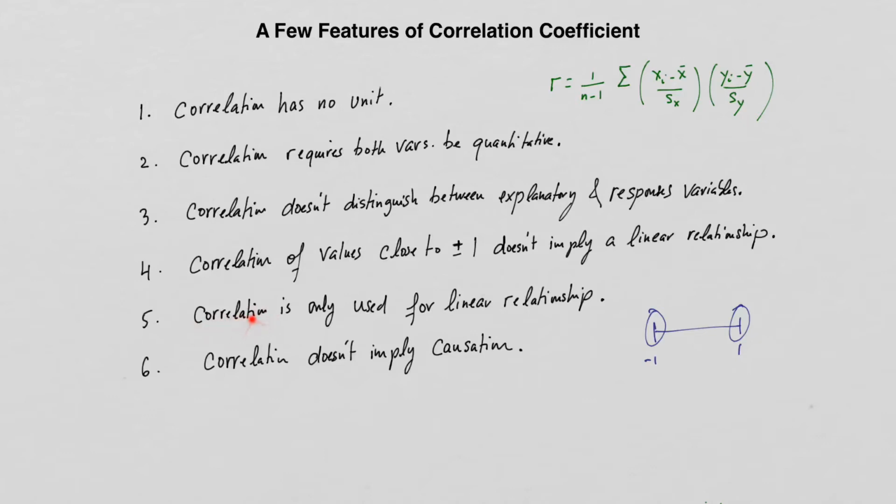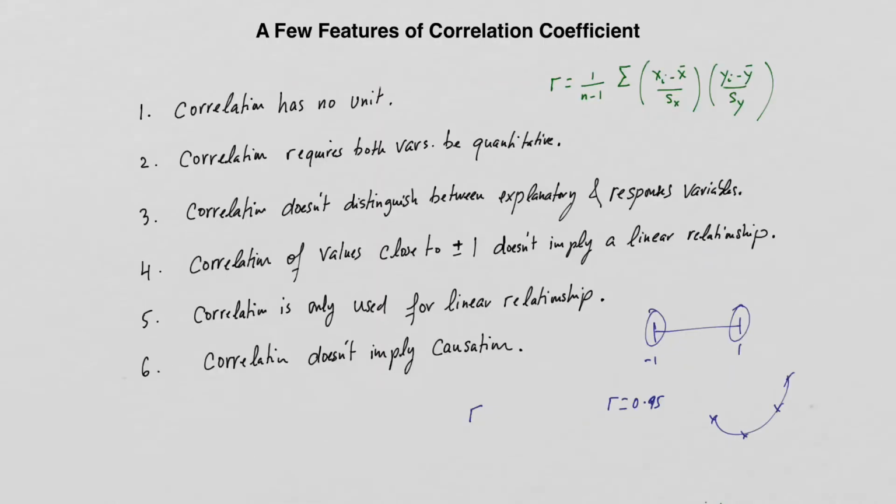All right. So this one is similar, but it's not quite the same. The correlation is only used for linear relationships. Think about that. Because you might say, well, you just told me a second ago it's possible for R to be this, and the relationship is not linear, which is true, and I did something like this. It looks curvy, and now you're telling me it only works for linear relationships. That's true. In other words, we never, ever, ever mention R when we deal with any non-linear relationship.